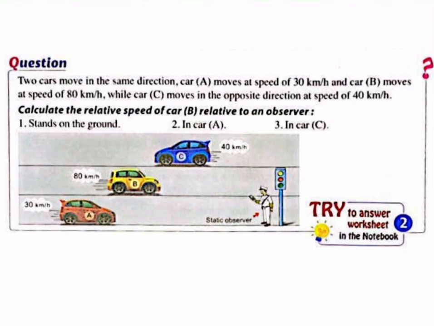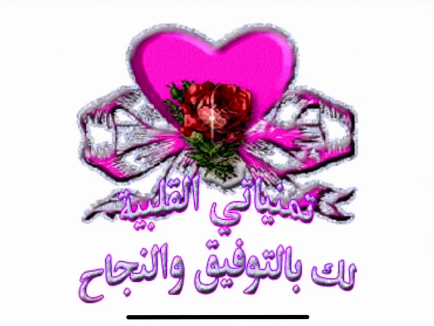Calculate the relative speed of car B when the observer stands on the ground, in car A, and in car C. It is very easy. Thank you very much. See you next session, inshallah. Thank you very much, my friends. Bye bye.